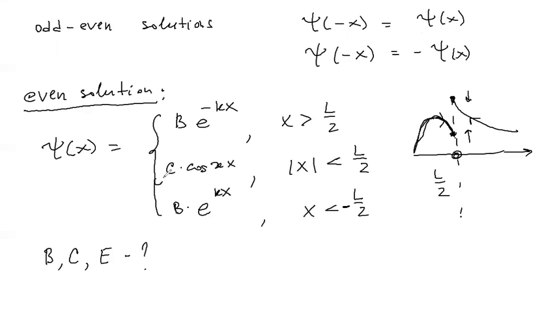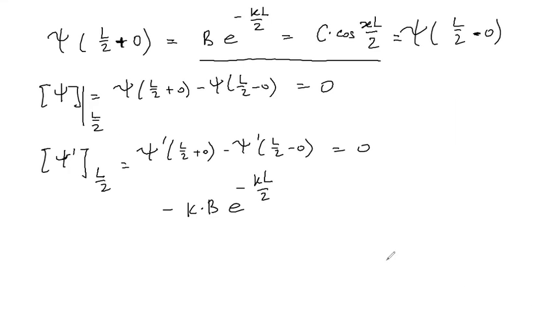What about this guy? If I take derivatives and then approach x equal L over 2, what am I going to get? Negative kappa C psi kappa x, but then you approach L over 2. Okay, sounds good enough to me.